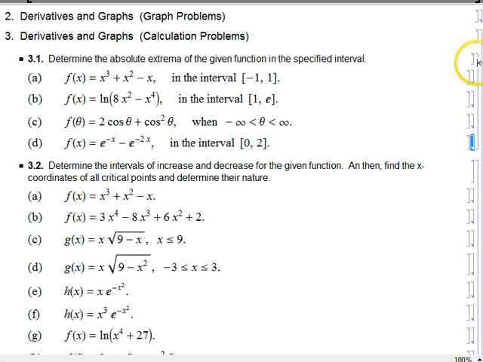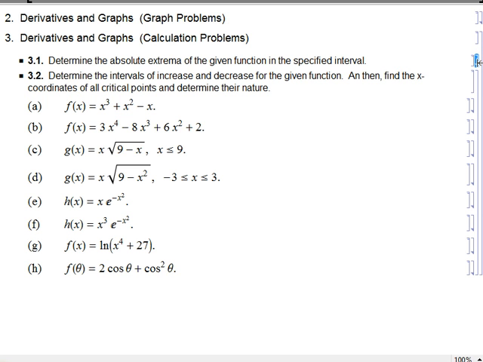What about local maximum and minimum type of problems where you have to find intervals of increase and decrease? Those are going to be harder, because if you determine all the local extrema, then the absolute extrema must be, well, the biggest of the local maxima and the smallest of the local minima and so on. So if you can do local maxima, then absolute maxima and minima are actually easier.